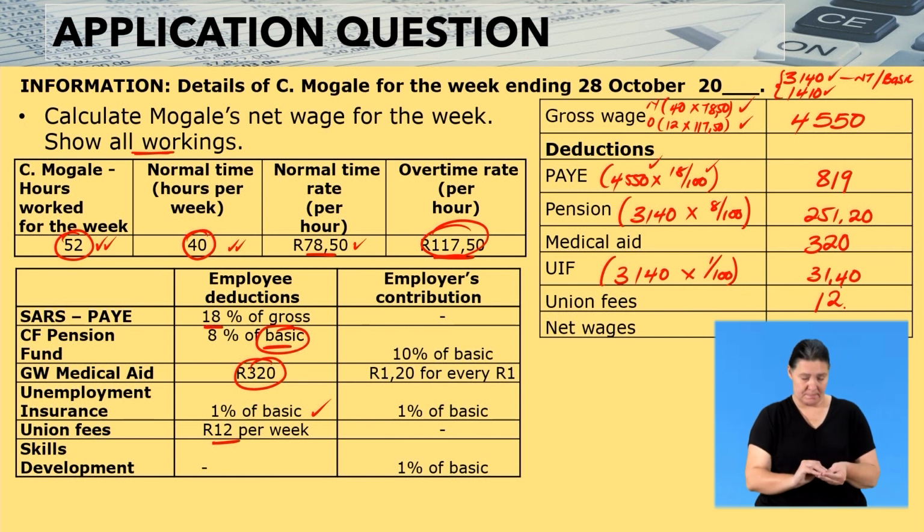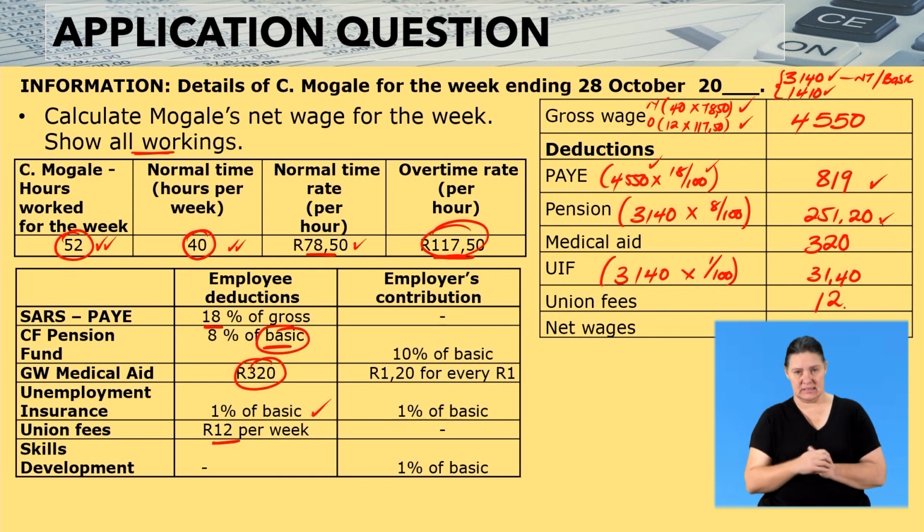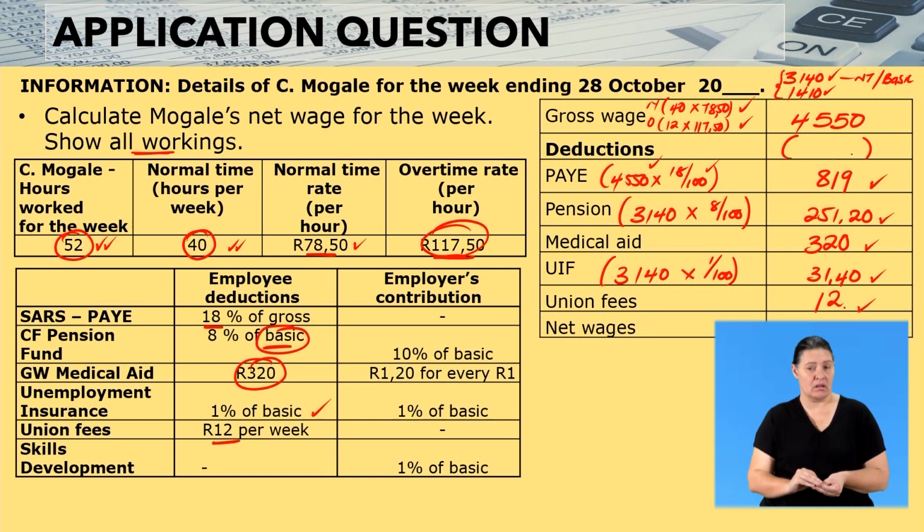Then you add 819 plus 251 Rand and 20 plus 320 plus 31 Rand 40 plus 12 Rand. When we have added our amounts, we will then get a total on the deductions, which is 1,433 and 60 cents.